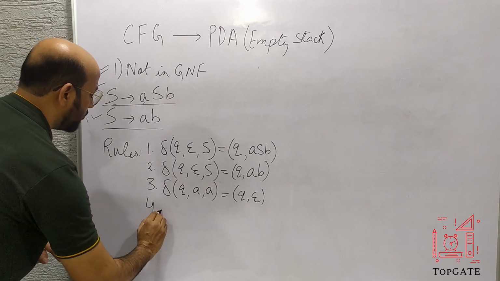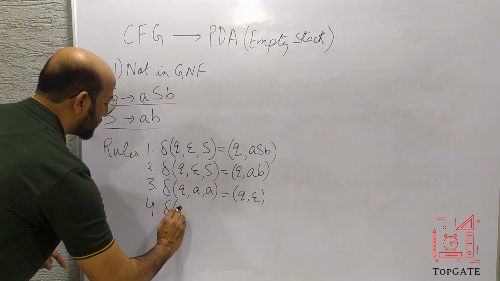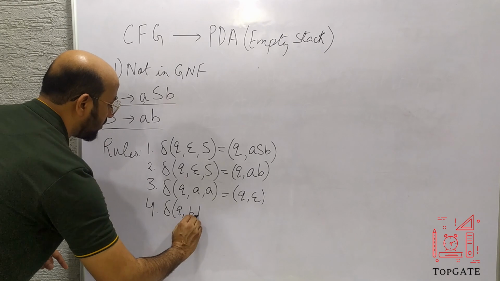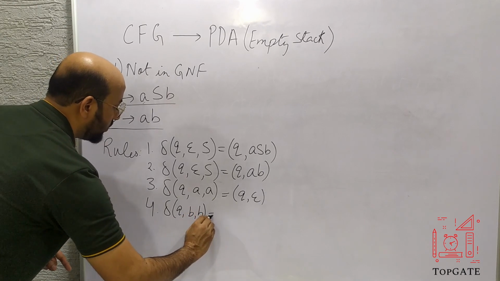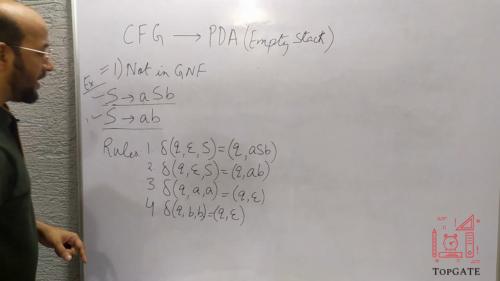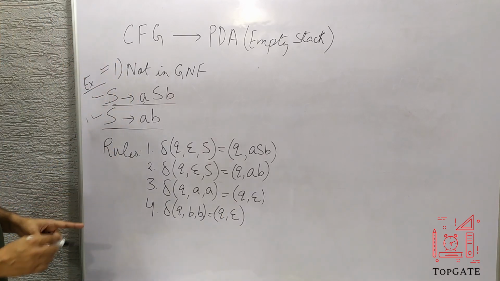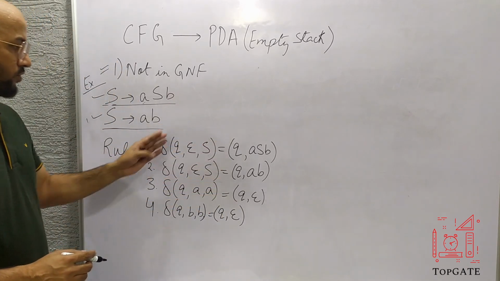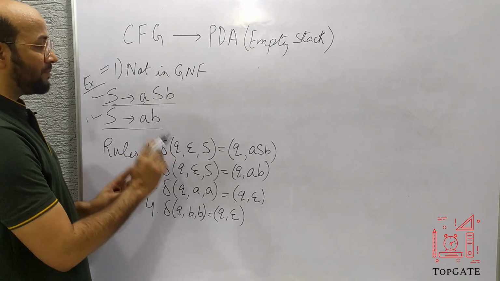There is no logic in this, we just have to remember that for a terminal we write it like this. Rule number 4 for the second terminal is delta of q comma b comma b is equal to q comma epsilon, and we are done. So in total we have 4 rules for delta. This is the delta for the PDA.